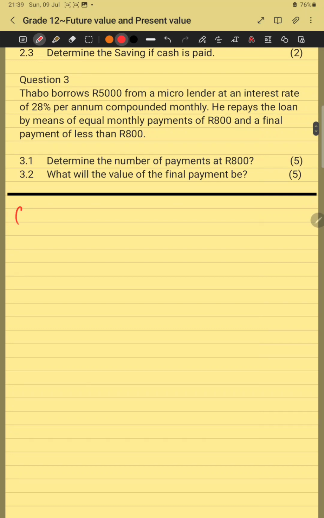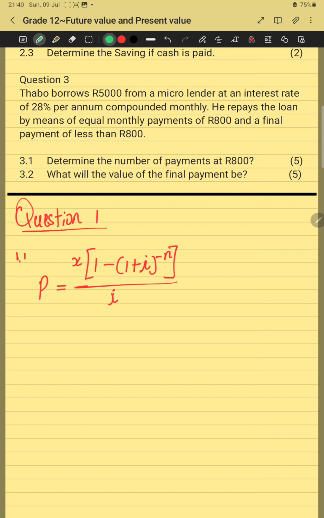So in question 1.1, we are going to use this formula.